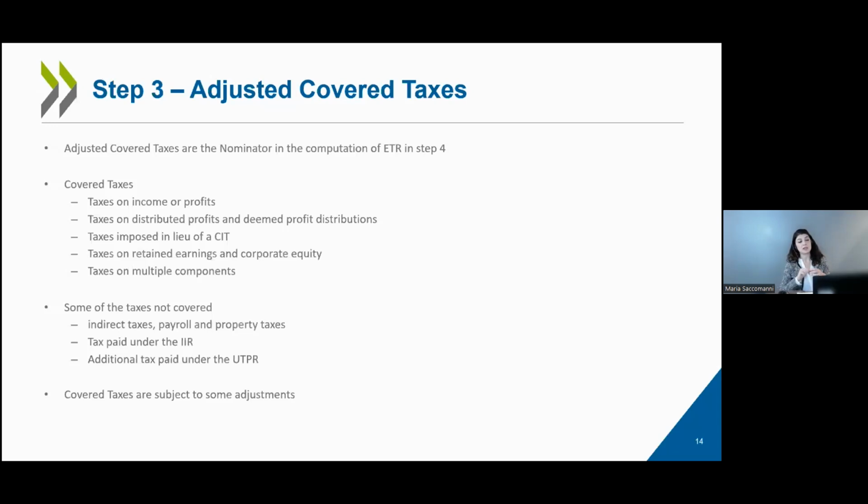So having an effective tax rate built on deferred tax assets is definitely a good point because it helps us in determining an effective tax rate that is as accurate as possible.